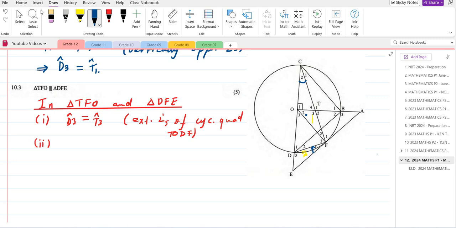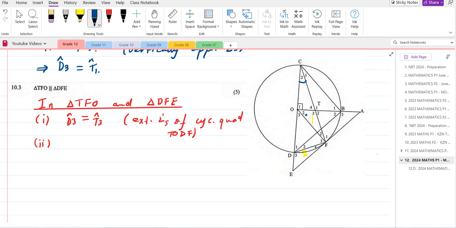We got angle F4, which is... I need 2 more here. If I can get angle F4 to be equal to angle F2, I think that's what I need. Angle F4 to be equal to angle O2. I need angle F4 to be equal to angle F2.